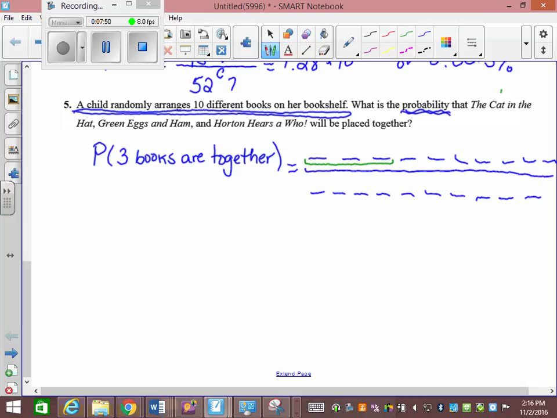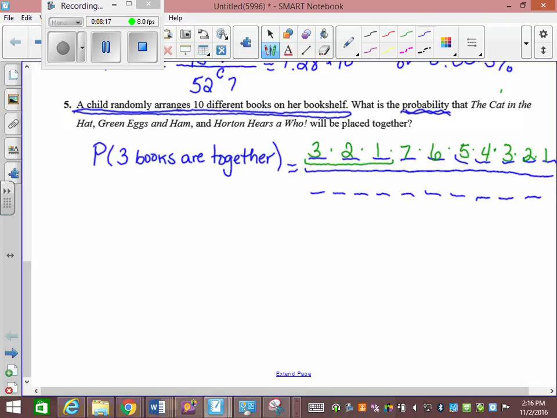Did it say in that order or just together? Okay, so how many options do I have for the first blank? 3, then how many? 5, 4, 3, 2, 1. Am I done? What do I have to remember to do? Times it by 8. Because it doesn't say together at the front, it just says together.